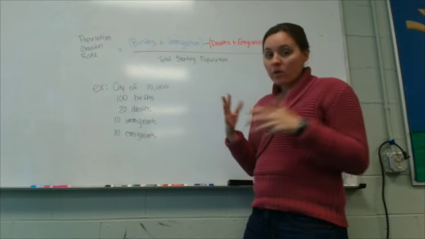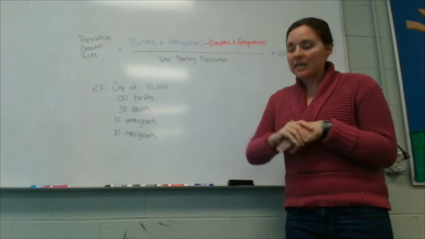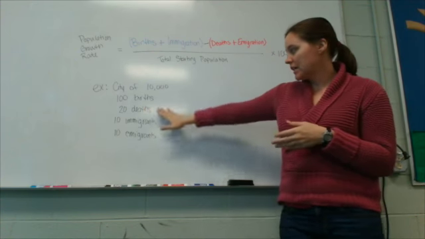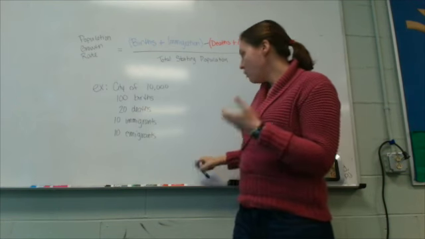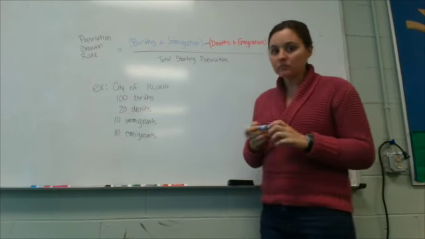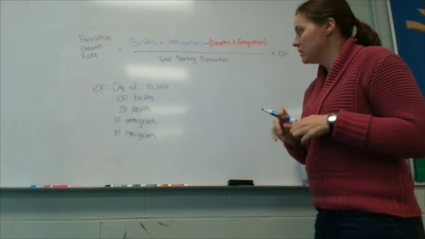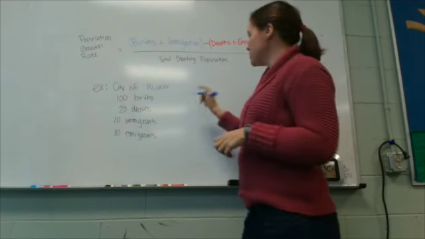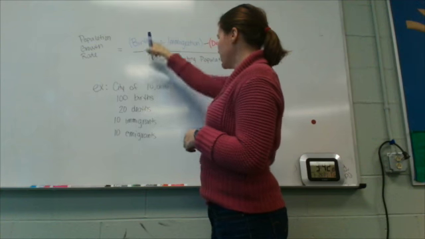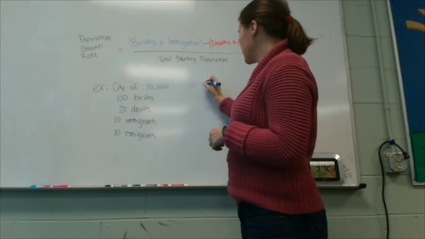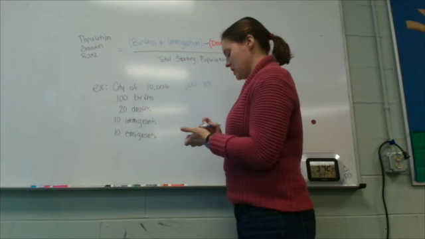So, for example, if we have a city of 10,000 people, and then in that city they have 100 births, 10 deaths, 10 immigrants, and 10 emigrants, what would be their population growth? So, we can just take this information and plug it into our handy-dandy equation that we have here. So we need births first. So we would have 100 births plus our immigrants, so that would be 10 immigrants.